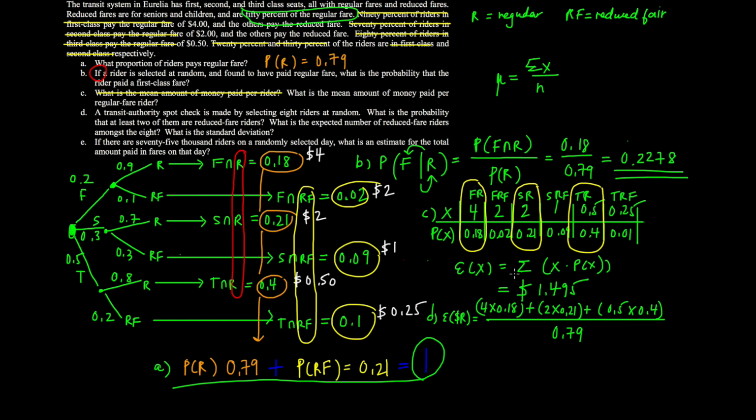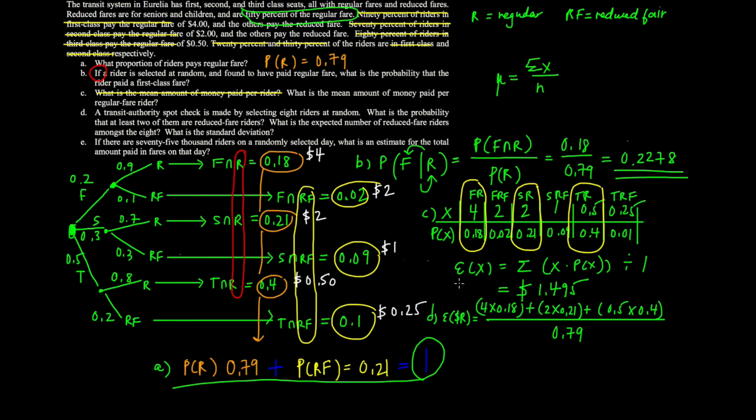So what am I doing? I'm doing the probability of everything divided by 1, which is the total population, right? So you can't really see it, but technically here, we're taking the sum and we're dividing by 1 because it's the probability of all. I'm taking the sum of all the outcomes times all their given probabilities, and I'm dividing by the total probability of this population, which is 1.